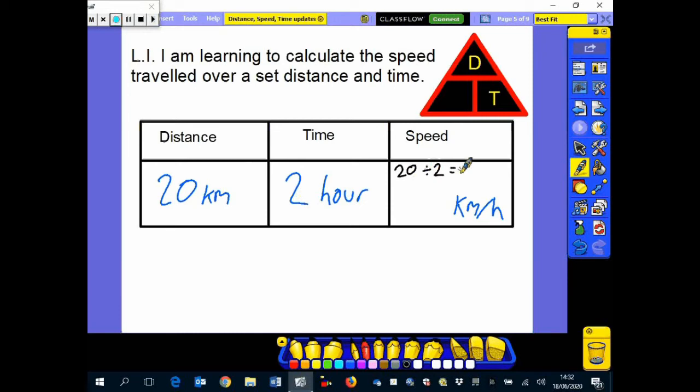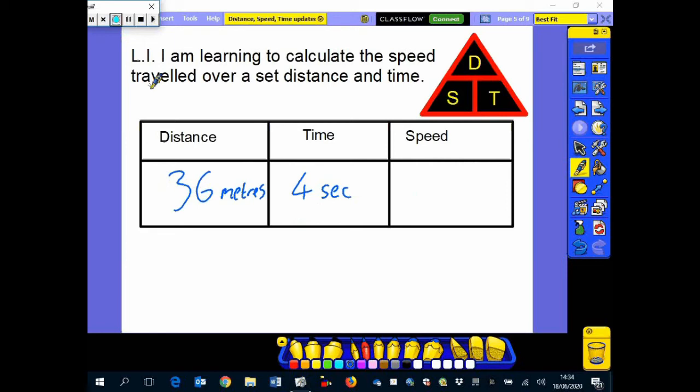So 20 divided by 2, well, that's 10. So theoretically then, we were travelling at a speed of 10 kilometres per hour. And that makes sense. If you're doing 10 kilometres per hour and you're doing it for 2 hours, then after 2 hours you'll have gone 20 kilometres. 10 kilometres in the first hour, plus another 10 in the second hour.